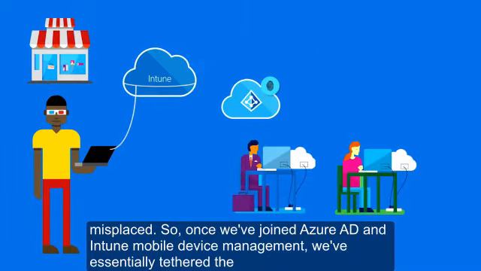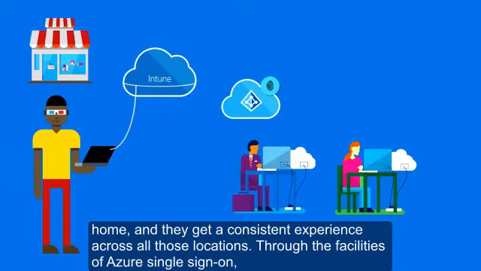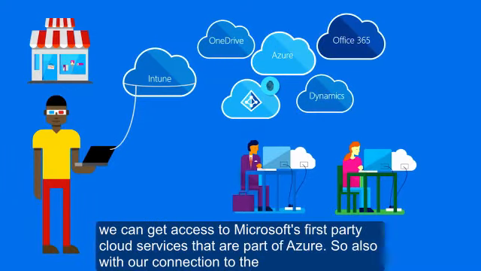So once we've joined Azure AD and Intune mobile device management, we've essentially tethered the device to the cloud. Through this interaction, the user can be in public locations, in office locations, working from home, and they get a consistent experience across all those locations. Through the facilities of Azure single sign-on, we can get access to Microsoft's first-party cloud services that are part of Azure.